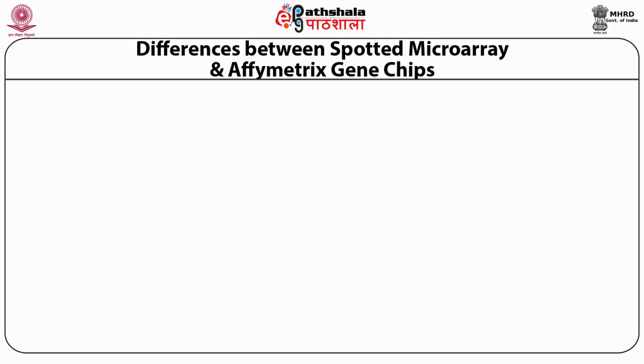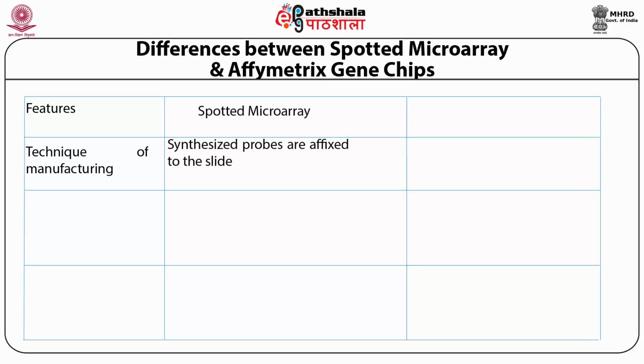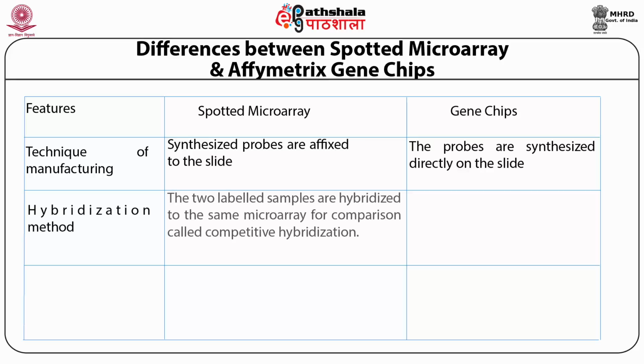Differences between spotted microarrays and Affymetrix gene chips. If we consider the technique of manufacturing, in the case of spotted microarrays, the synthesized probes are fixed to the slide, whereas in the case of gene chips, the probes are synthesized directly on the slide. In terms of hybridization method, two labeled samples are hybridized to the same microarray for comparison, called competitive hybridization, in the case of spotted microarrays, whereas only one labeled sample can be hybridized to each chip in the case of gene chips.